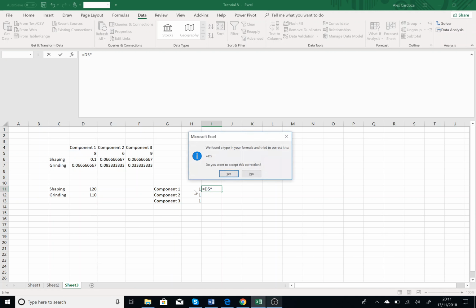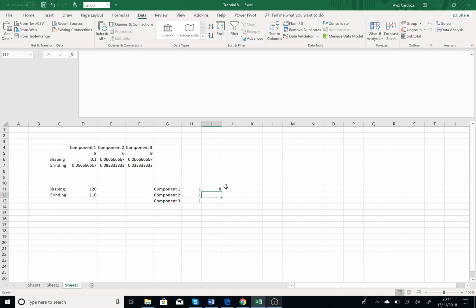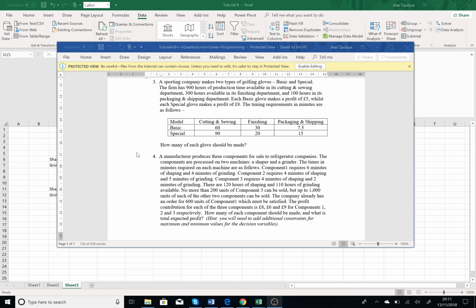That times that equals that times that, so we're working out the profit here. Equals that times that equals that times that. Now we're going to put profits here equals sum.